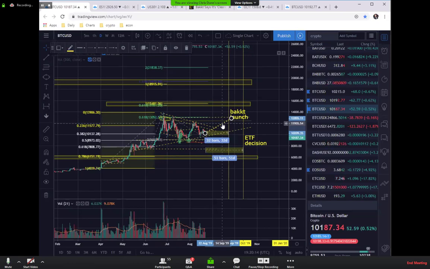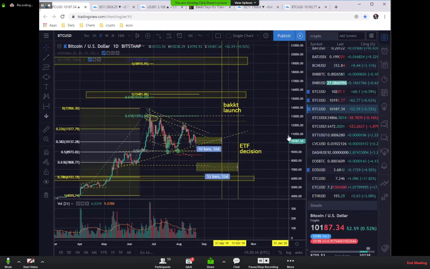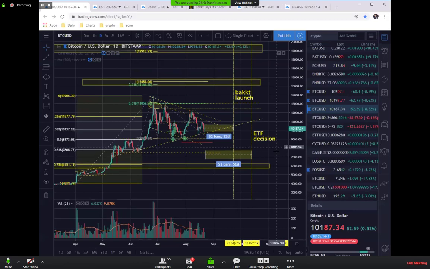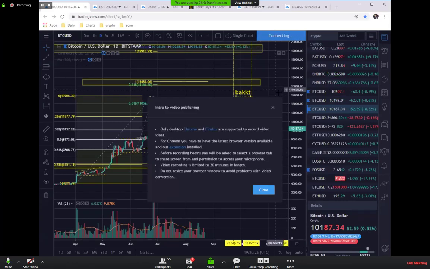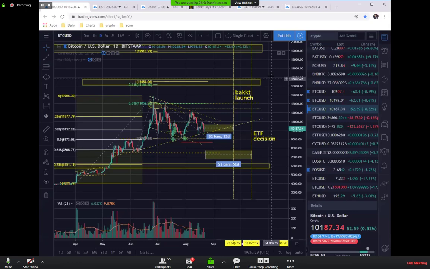That would be a fundamental match to add to the technical consolidation. Right now we don't know what the news is going to be. The market structure is still bullish. It still produced higher highs and higher lows. It had a healthy correction, I think it was probably 36 or 37%, or whatever the percentage correction was.